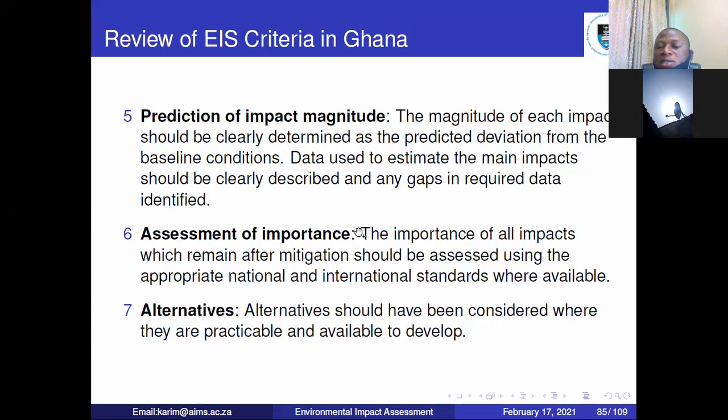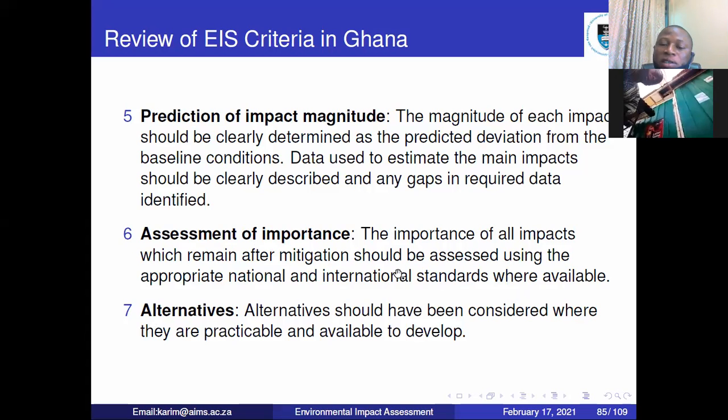Assessment of importance. So the importance of all impacts, which then remain after mitigation, should be assessed using appropriate national and international standards. There are certain impacts that the tools that you propose to use to avoid or reduce them cannot cover. So some of them you have to resort to using national and international standards. There are certain impacts you cannot avoid.